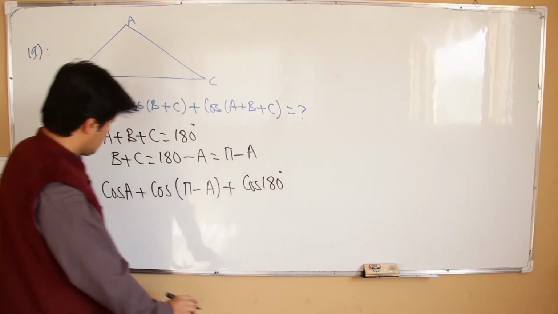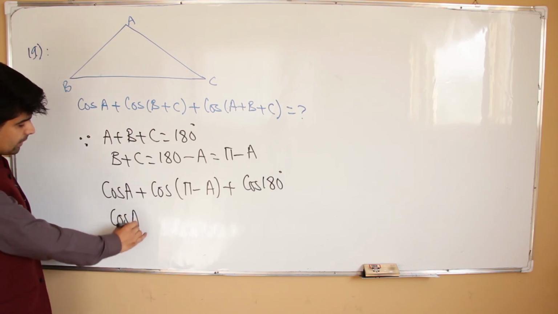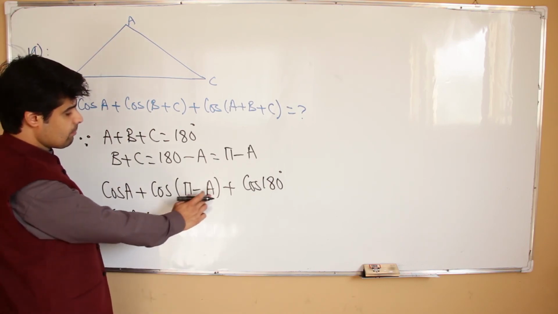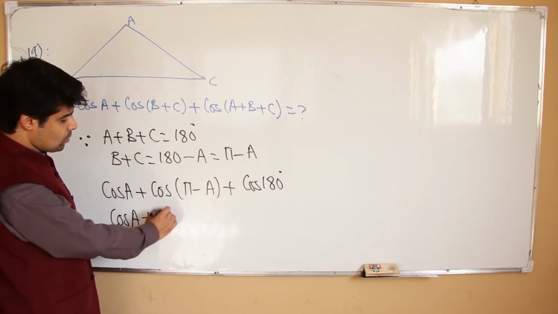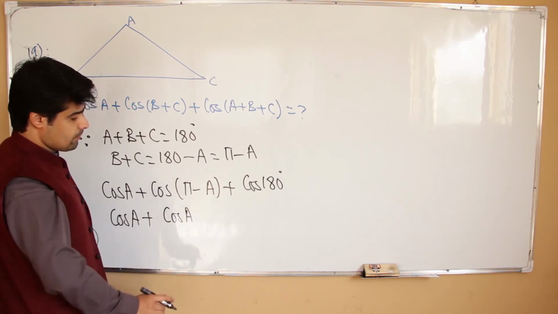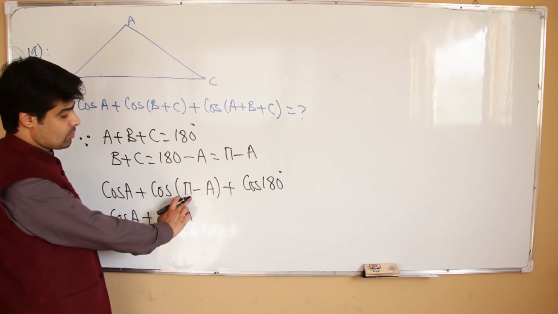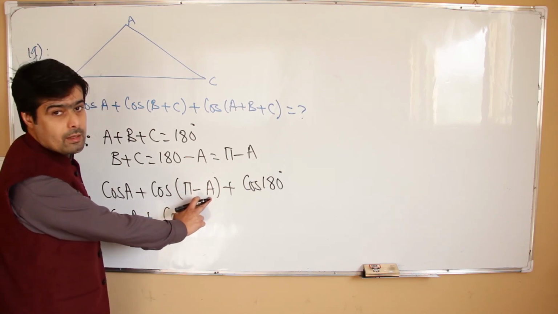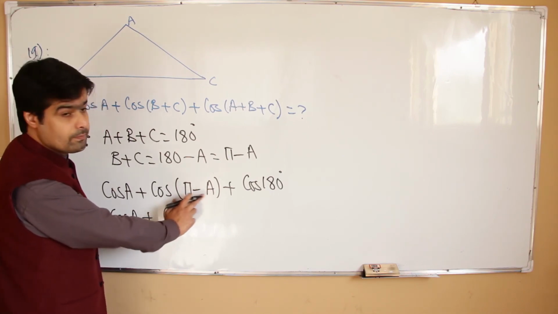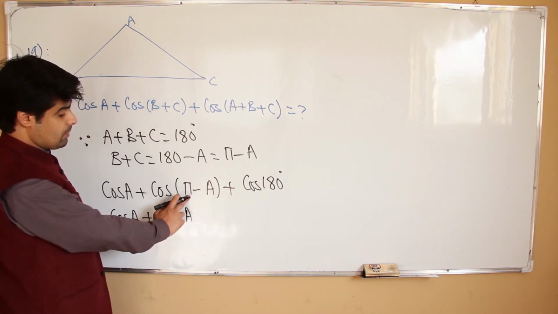Am I right? Yes. So you will have cosine A plus cosine of pi minus A. It is cosine A, but in which quadrant? I think in the second quadrant. Pi minus some angle, so second quadrant.